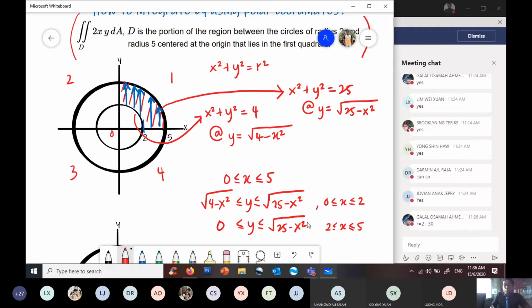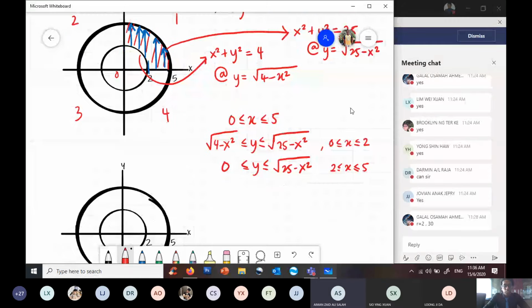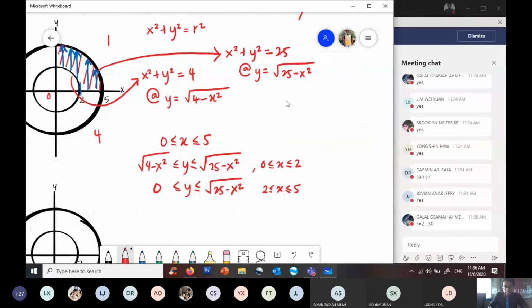So not to say this is impossible, it is still doable. What you have to do is break down the integral into two parts. You have to break down the first integral by using these limits for x and y, plus the second integral by using these limits for your x and y.